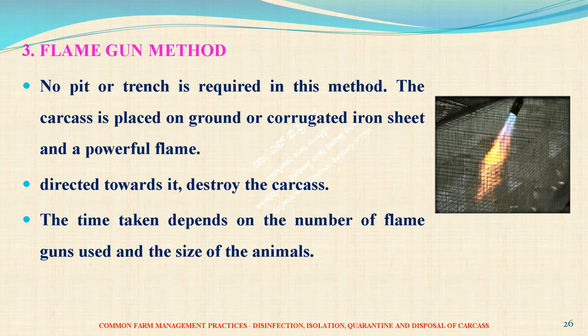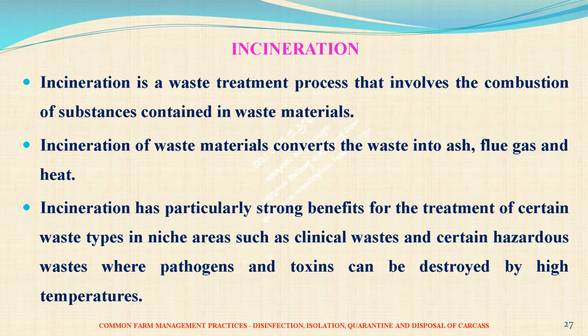The time taken depends upon the number of flame guns used and the size of the animal. But this is usually restricted to smaller animals. Huge or large animals cannot be flamed with a single gun, so multiple guns have to be used, especially power guns. Then incineration is another process.